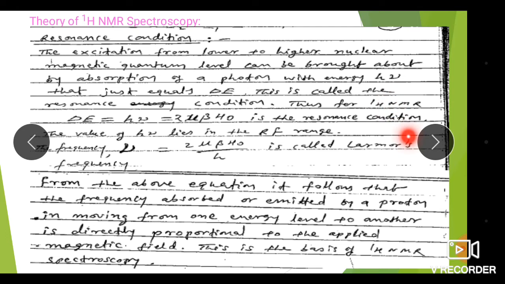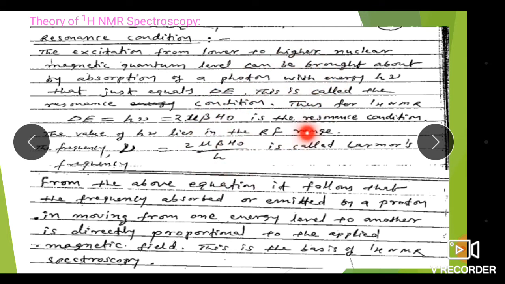The energy required for the transition, the excitation from the lower to the higher nuclear magnetic quantum level, can be brought about by absorption of a photon with energy h nu.